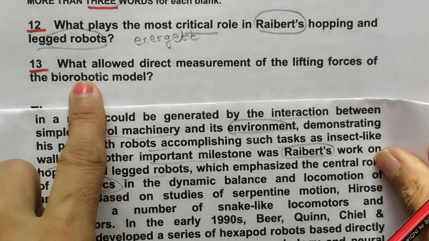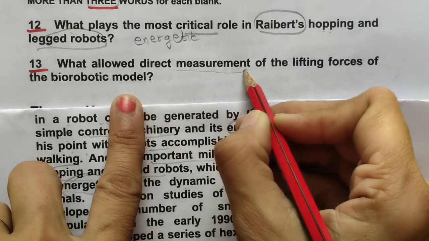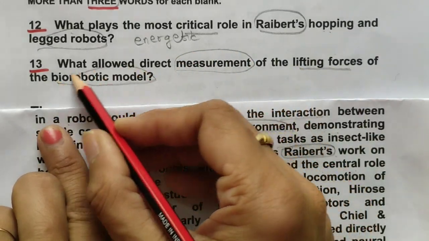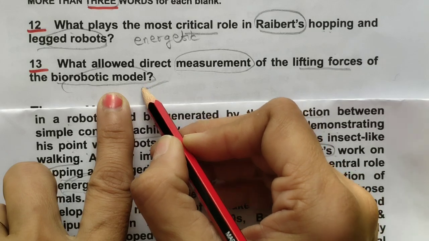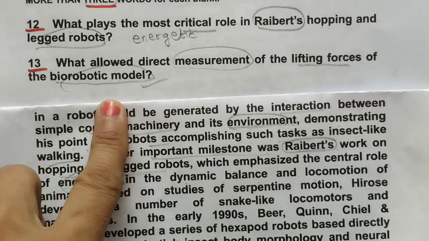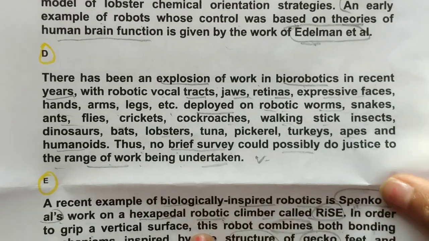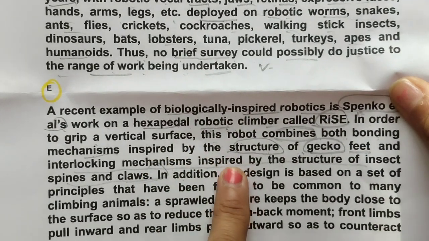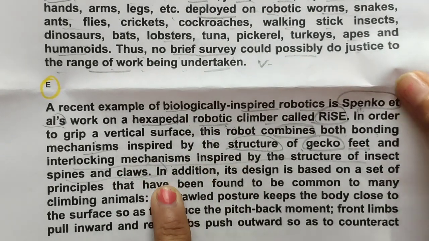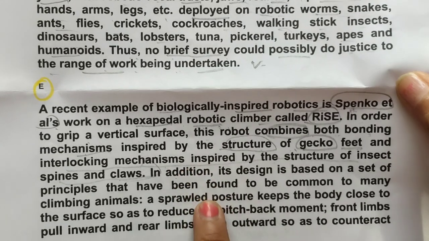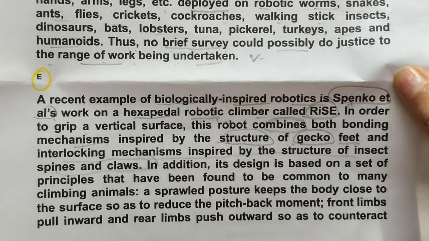So next one: what allowed direct measurement, which is an important word to find, of lifting forces of a biorobotic model. Now let's find this biorobotic model. I think in structure they were talking about biorobotic. Over here measurement word also I am looking for. Let's move on to the next page.